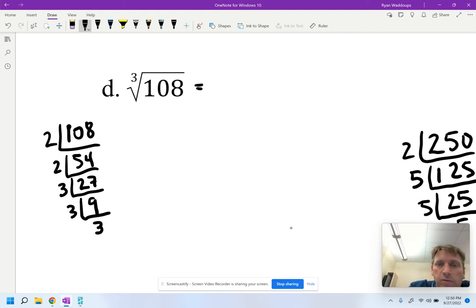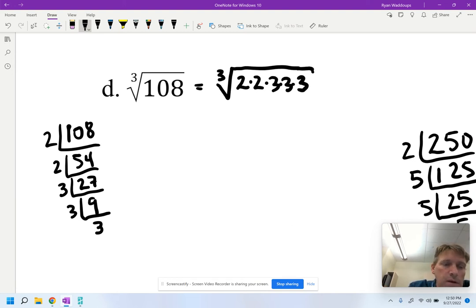So I can rewrite the cube root of 108 as the cube root of 2 times 2 times 3 times 3 times 3. And I have 3 3's, and so that comes out as a single 3 times the cube root of 2 times 2.